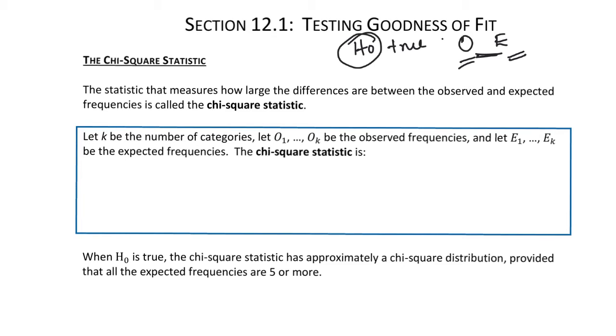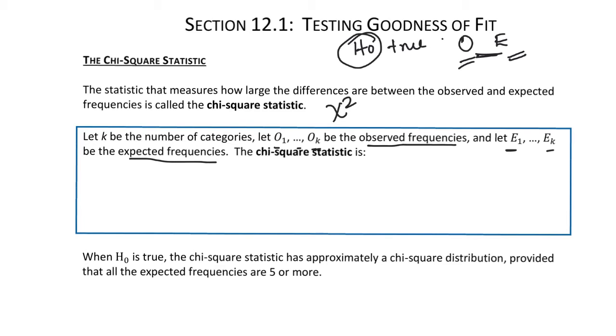So the test statistic is called the chi-square statistic, denoted by chi-square. Let k be the number of categories, O1, O2, O3 up to Ok be the observed frequencies, and E1, E2, E3 up to Ek be the expected frequencies.